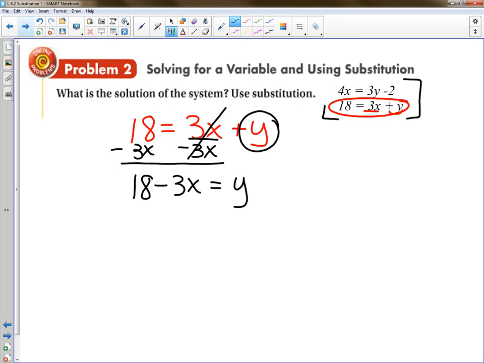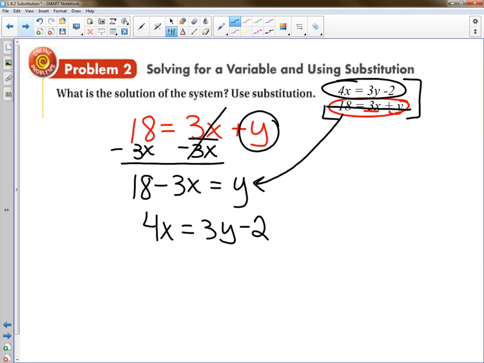Now one of my equations says y equals, y has a value, I can begin the substitution. So all I've done is taken this equation and rewrite it like this. This one of my equations is no longer going to be used, just the first one and the new one.